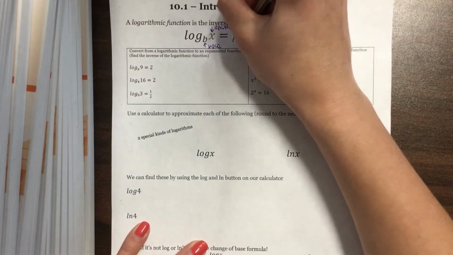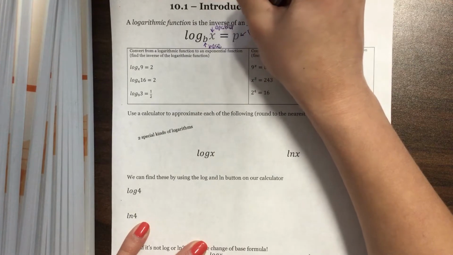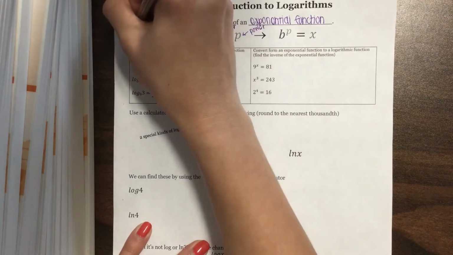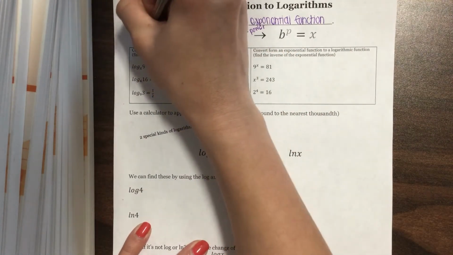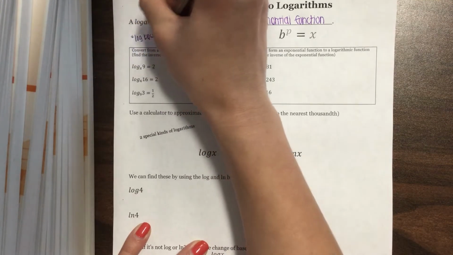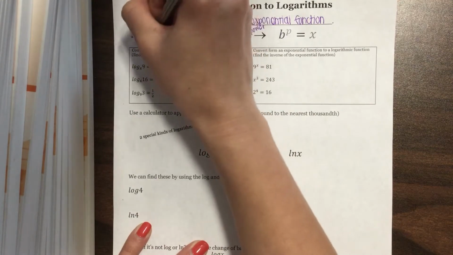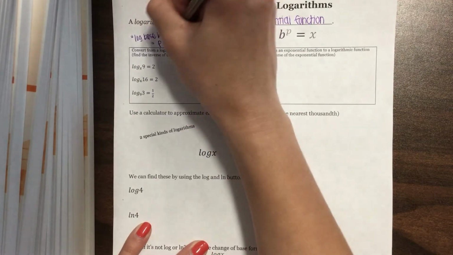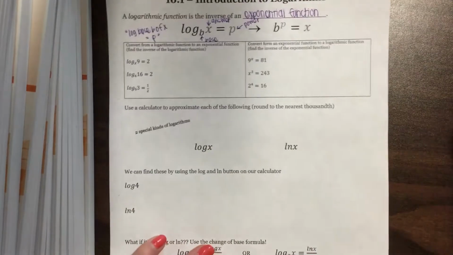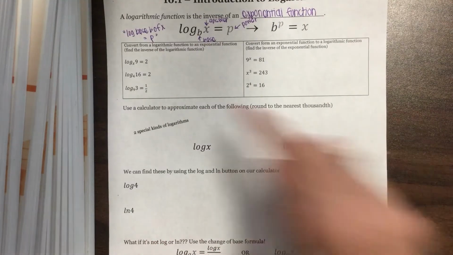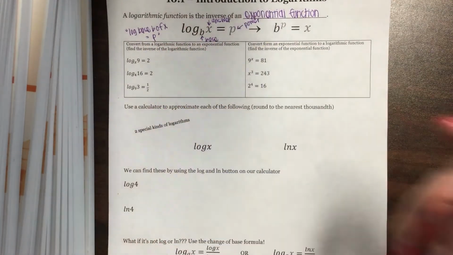And p is the power. So this is log base b of x equals p. That's how that is said out.